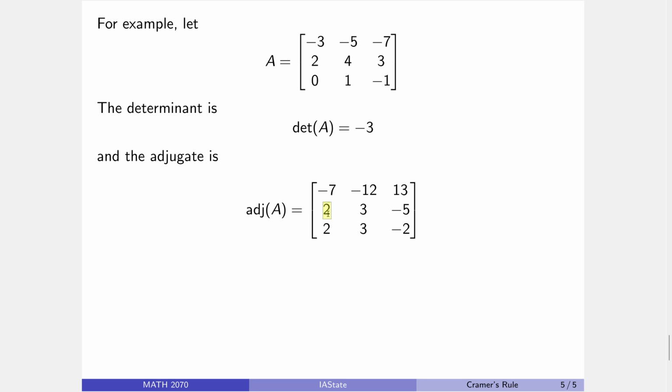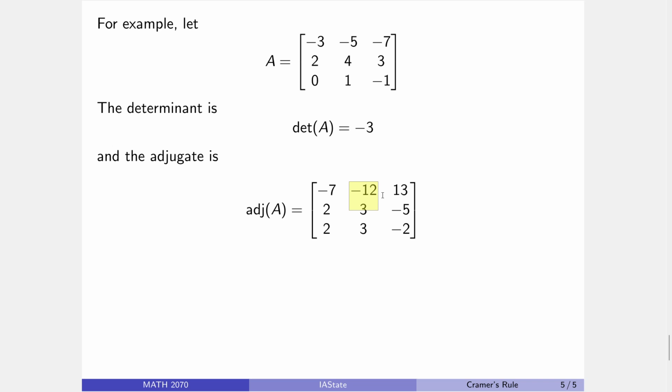Now, this entry here, 2, note that this is the row 2, column 1 entry. And the way we obtain this 2 is by going back to our matrix here and deleting row 1, column 2. Right, note you swap it, and then taking the determinant, note the determinant there is -2, and then remember that it's got to be the appropriate cofactor, which would then make it positive instead of negative.